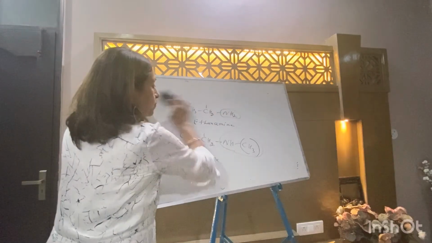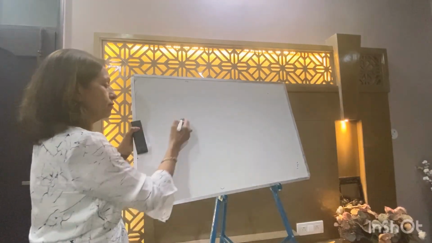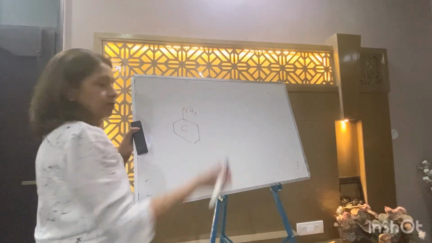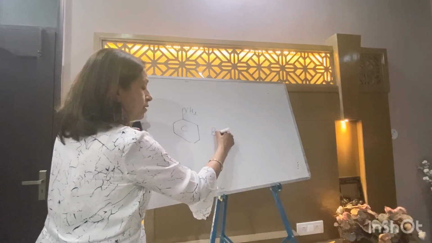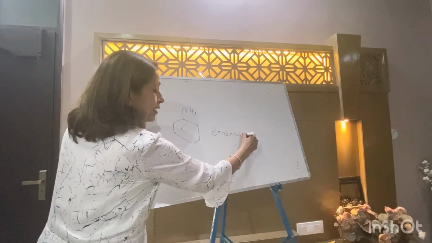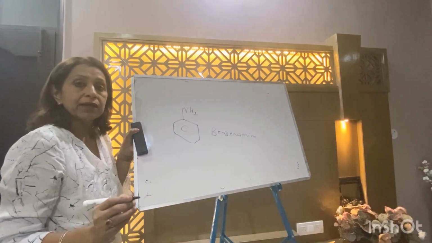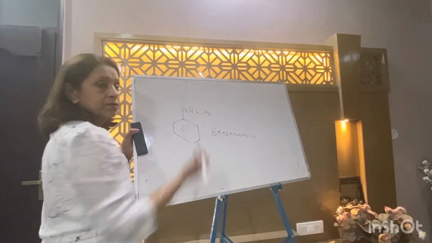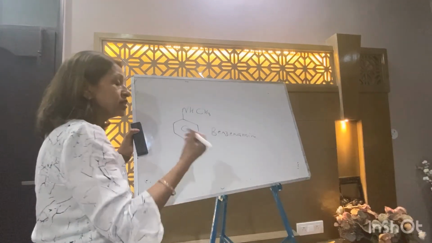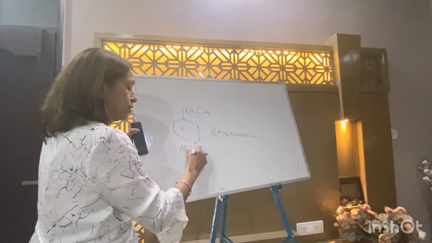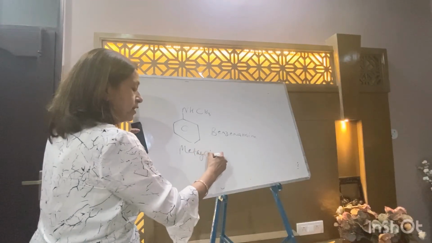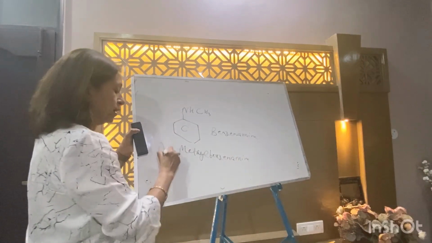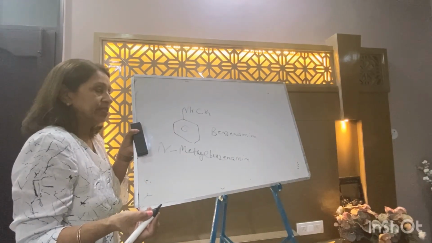Again, listen. Now I'm taking the benzene ring. This is your benzene ring with NH2. It's benzene amine. But if it is benzene with NHCH3, it's a secondary amine. You can call it methyl benzene amine, but it's better to say N-methyl benzene amine.